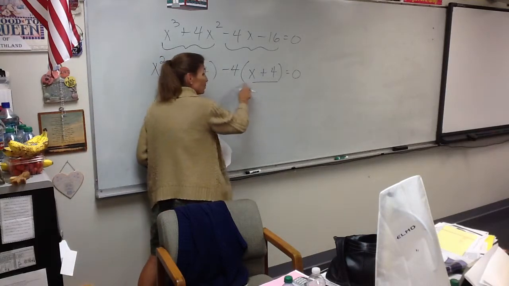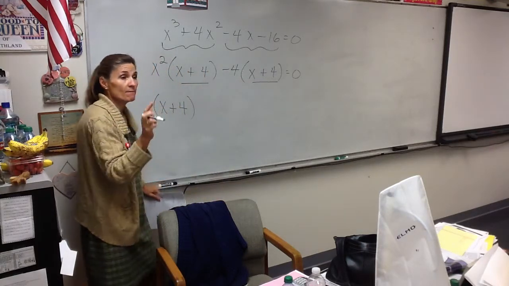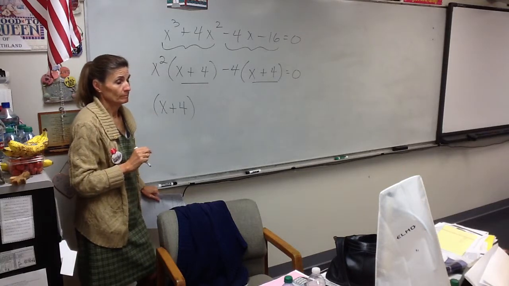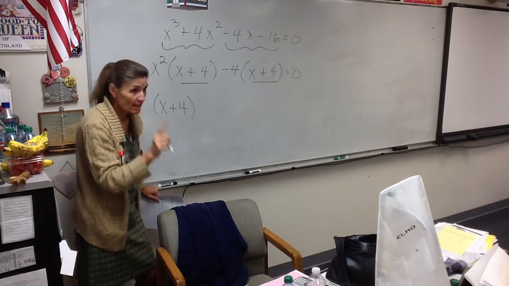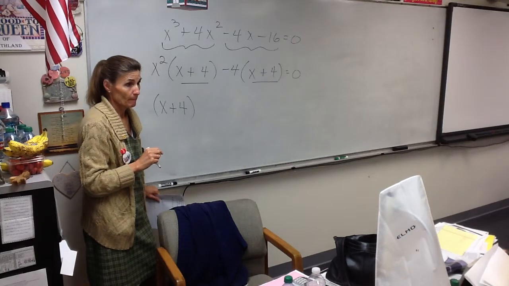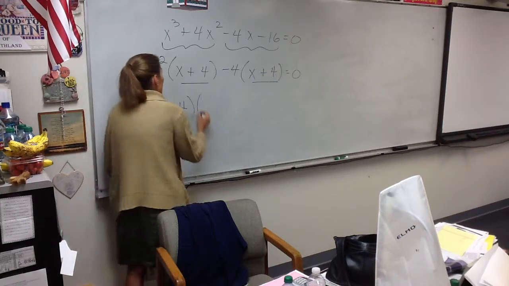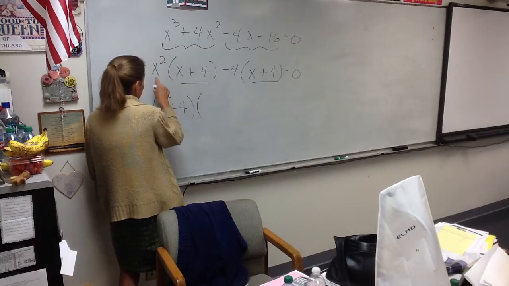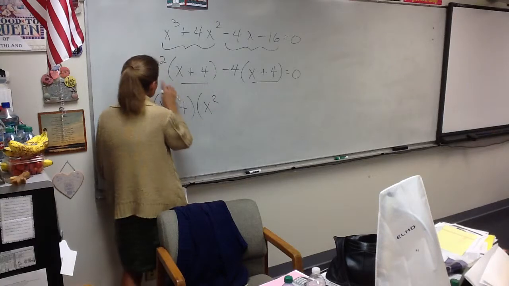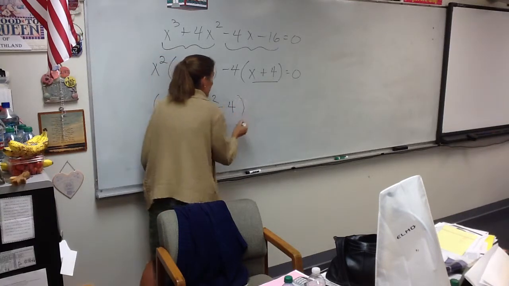Whatever the common one was. If there is no common one, you messed up. Okay? There has to be a common factor. Everything else in the problem then gets mushed together in another parenthesis. So for us, that would be x squared minus 4.